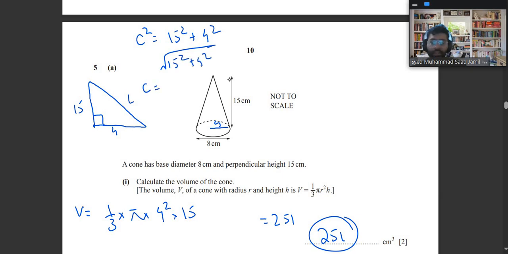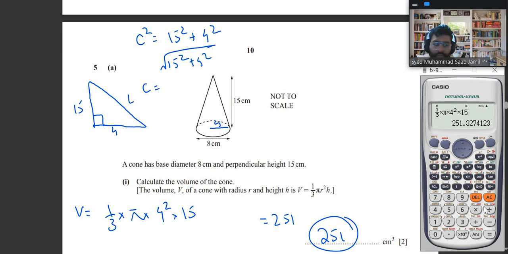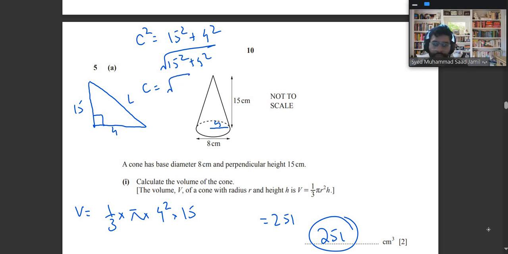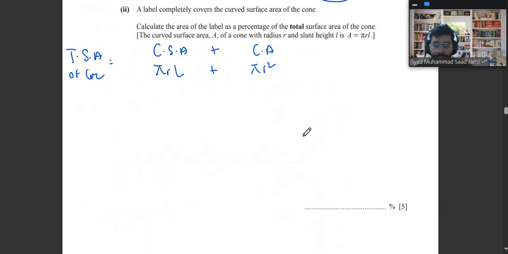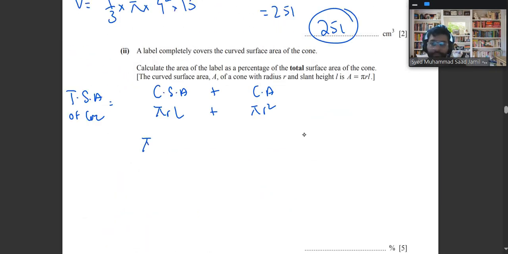So c or L, the slant height, is equal to the square root of 241. Sorry, 241, yeah. So the total surface area is pi multiplied by 4 multiplied by root 241 plus pi multiplied by 4 squared.